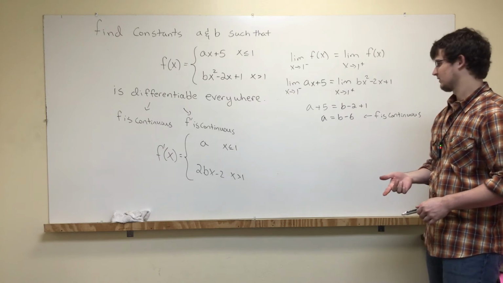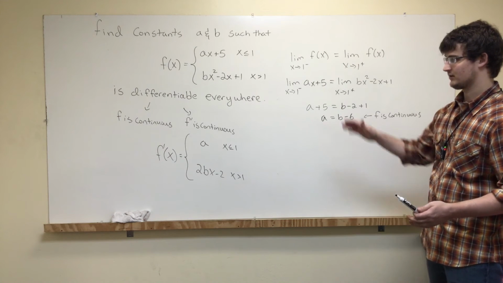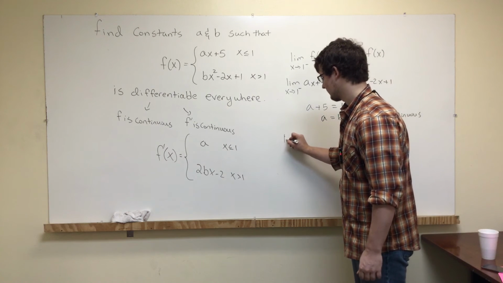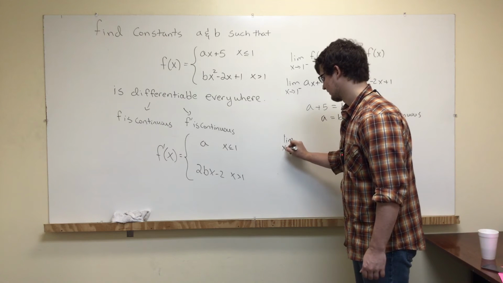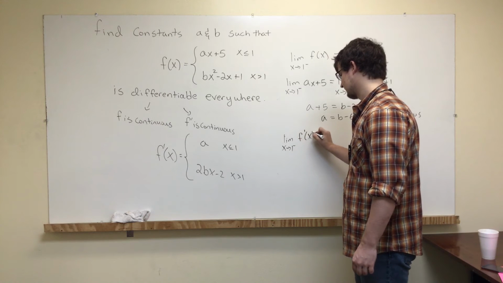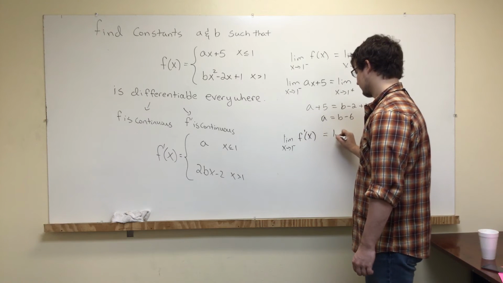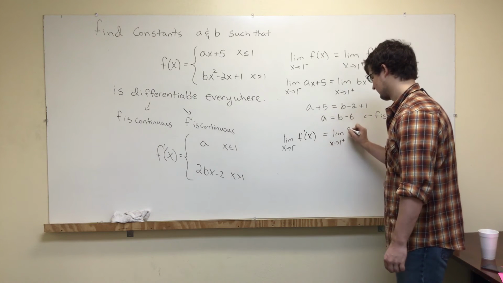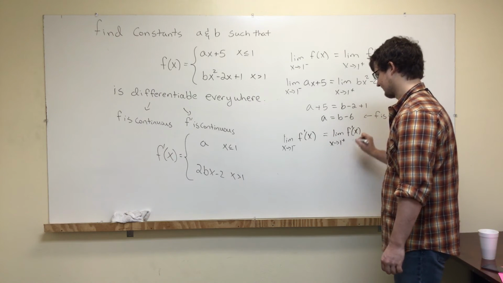Now, the next thing I need to do is make sure f prime is continuous. So, I'm going to do the same sort of thing. Limit as x goes to 1 from the left, f prime of x needs to equal limit as x goes to 1 from the right, f prime of x.